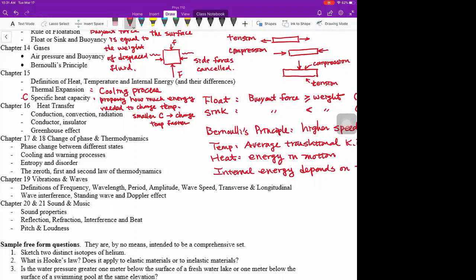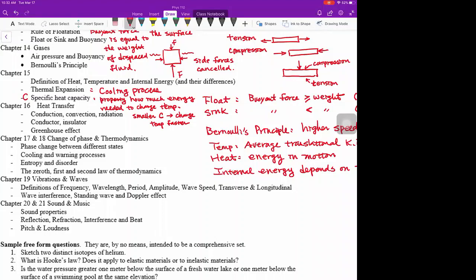If you give it energy, it's easier to change its temperature. The higher C means you need more energy to change it, which means it's harder to change its temperature.